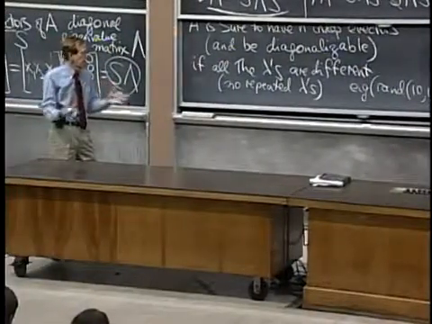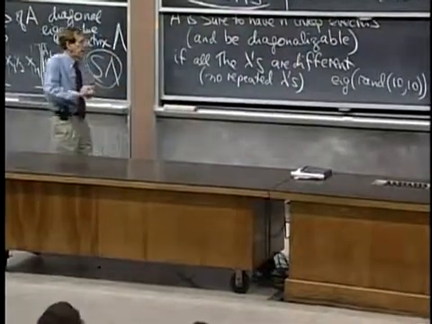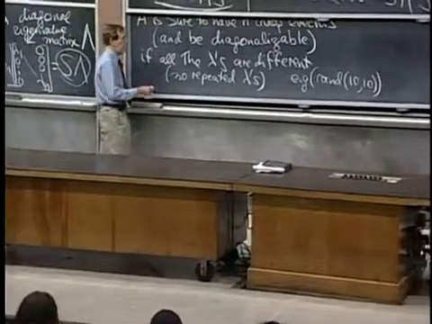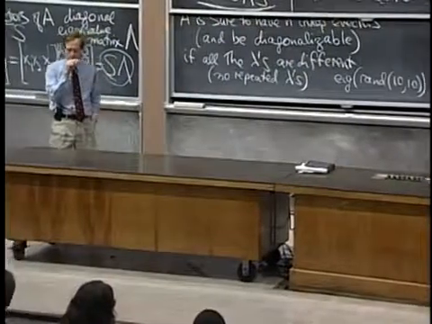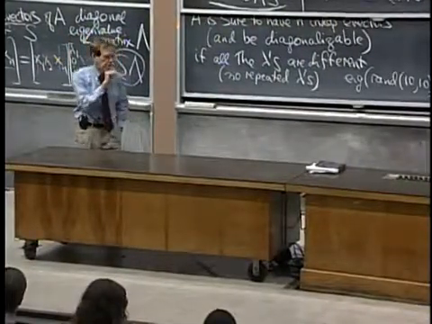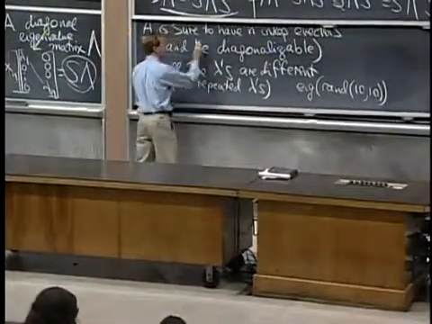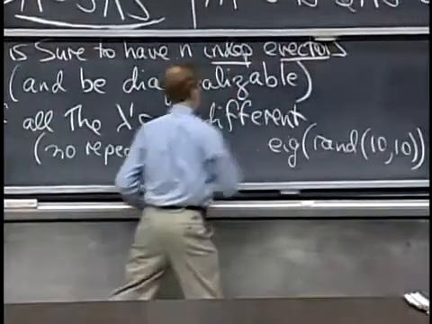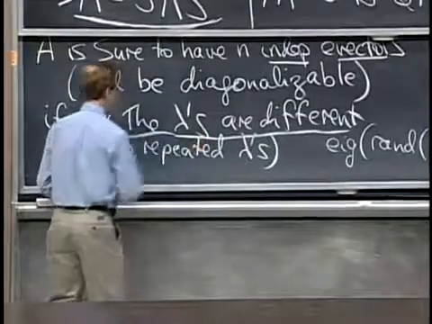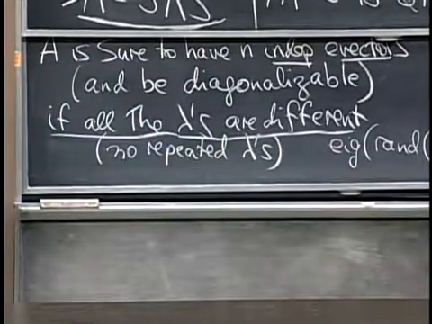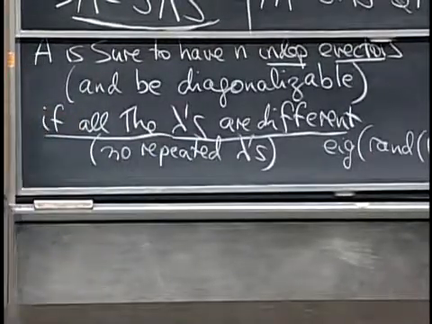A random 10 by 10 matrix will have 10 distinct eigenvalues, and if it does, the eigenvectors are automatically independent. So that's a nice fact. I'll refer you to the text for the proof. A is sure to have n independent eigenvectors if all the eigenvalues are different.